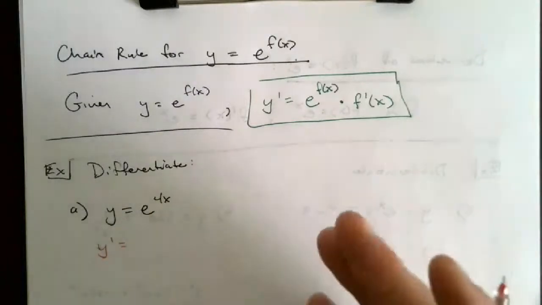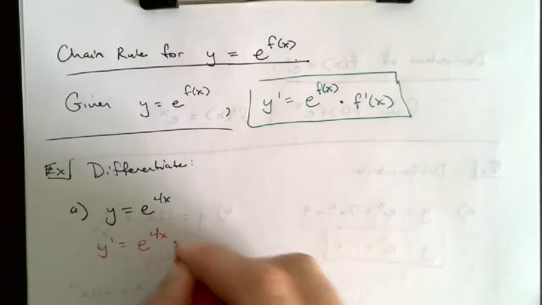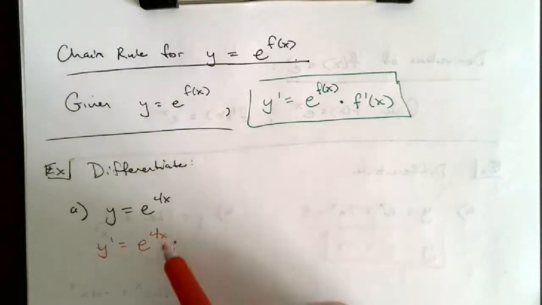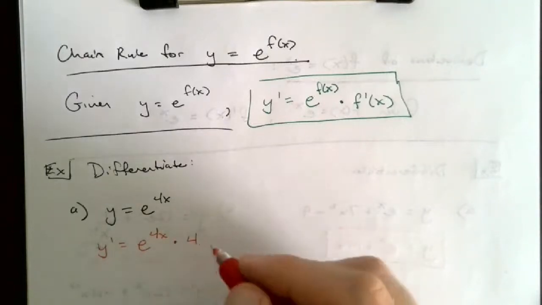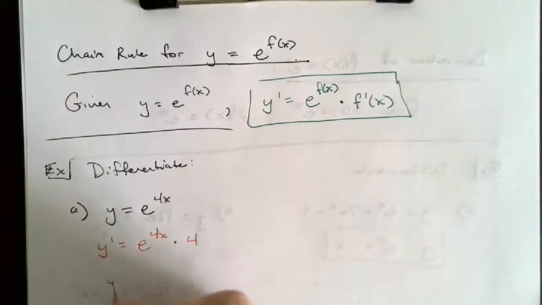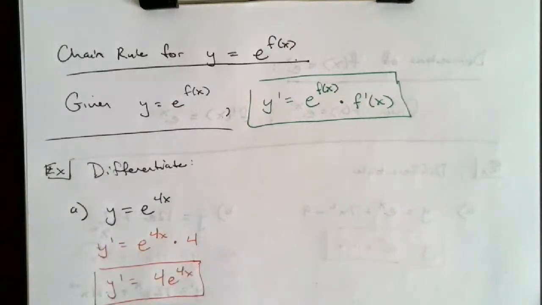So derivatives of e, you keep what you see, so e to the 4x, that's your outside, times the derivative of the inside. The derivative of the exponent 4x is 4. So y prime just equals 4 e to the 4x. For derivatives of e, you keep what you see and you multiply by the derivative of the exponent.